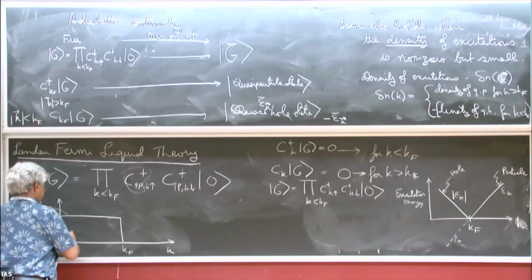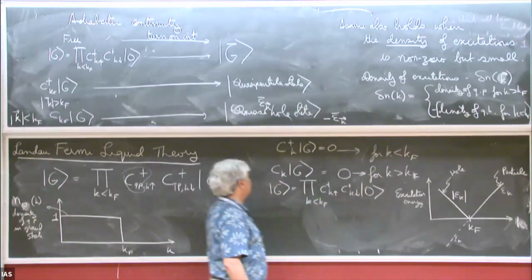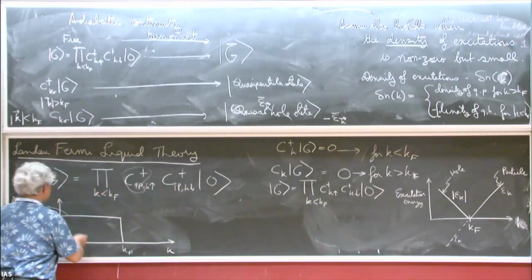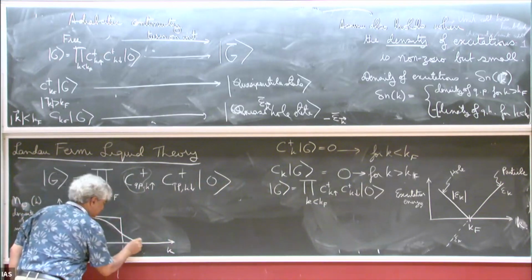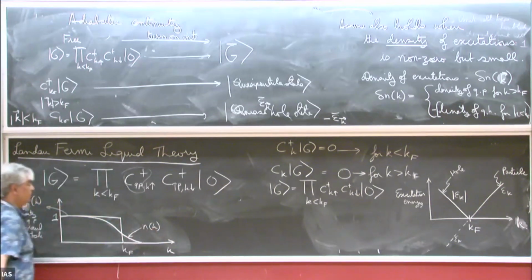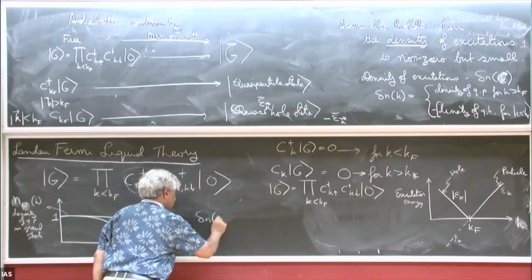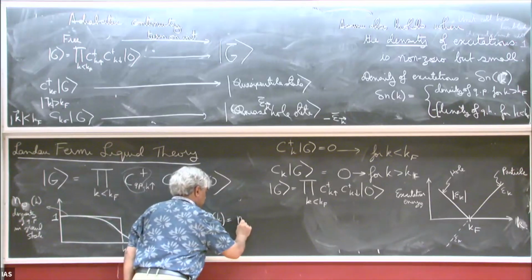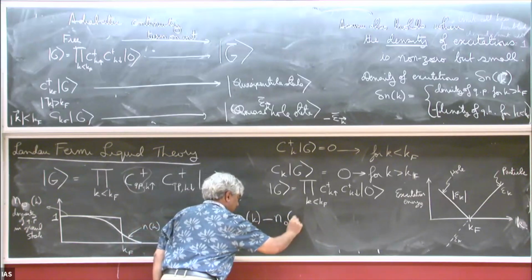All right, so then what about the actual, I really want to describe this delta n of k. So I'm going to introduce another function, which will turn out to be smooth. This I'm going to call n of k. And then my delta n of k will be n of k minus N0 of k.